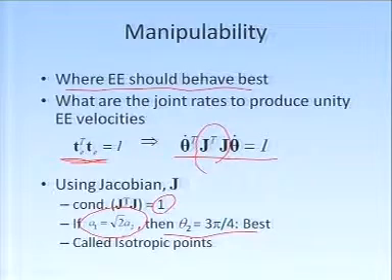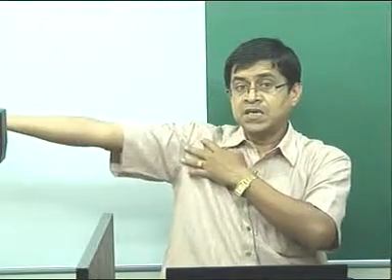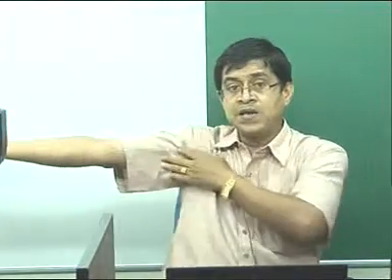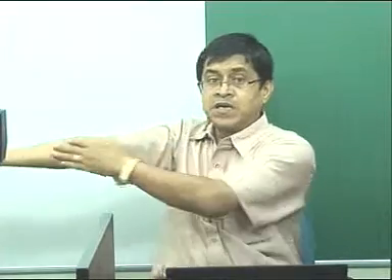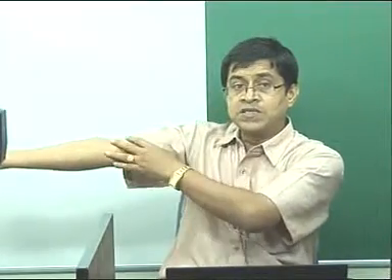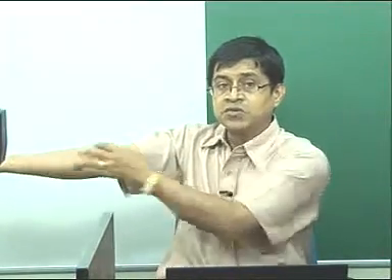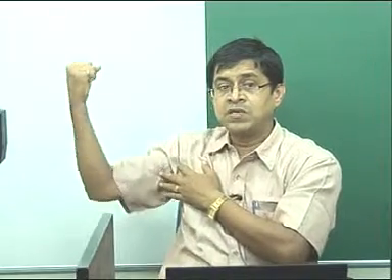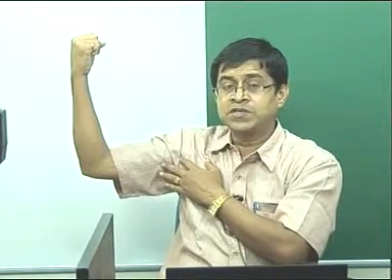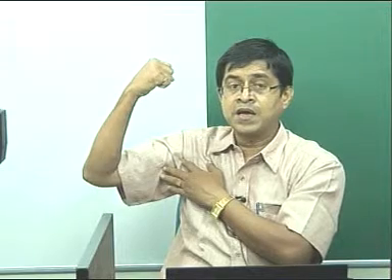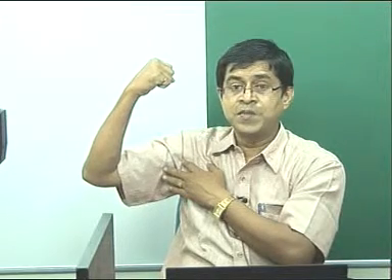The condition number will be 1 and it will be the best configuration. Look at my hand here. Suppose this is my link 1, this is my link 2. So, theta 1 is 0, theta 2 is 0, right. Now, theta 1 is 0, theta 2 is pi, and here theta 2 is 3 pi by 4.